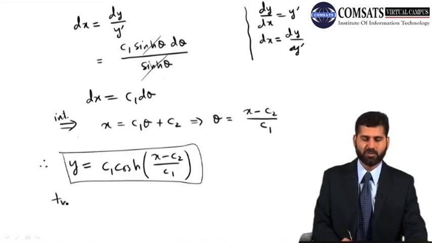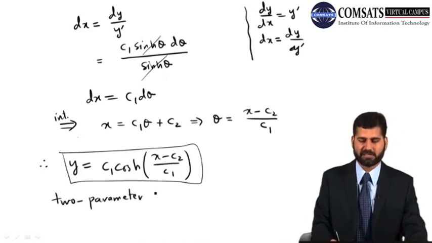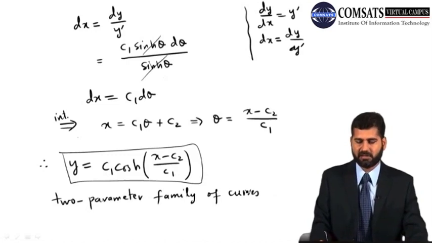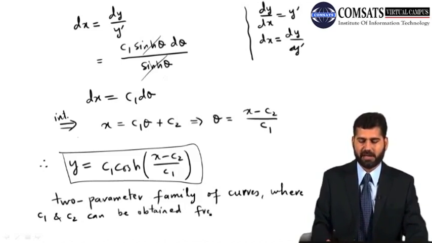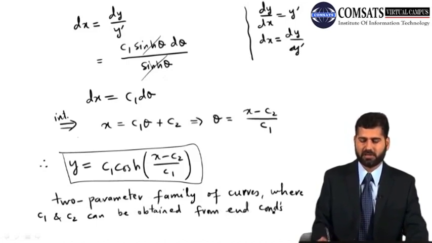Again, this is a 2 parameter family of curves, because c1 and c2 are 2 parameters here, where c1 and c2 can be obtained from the end conditions.